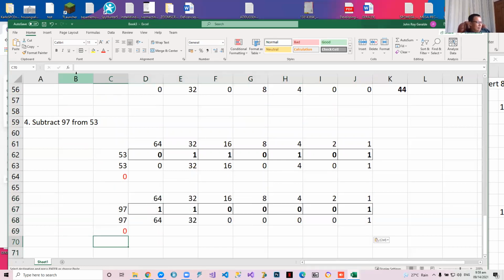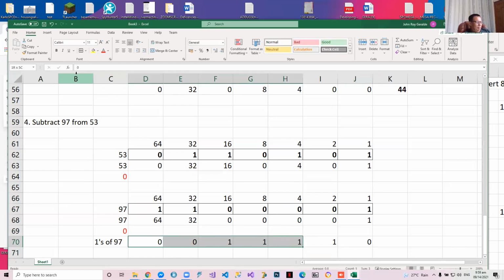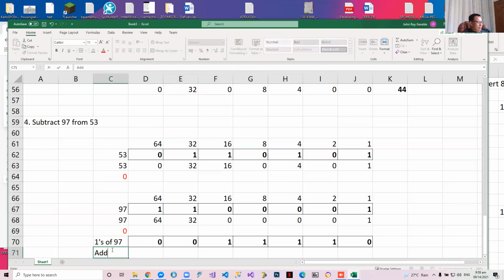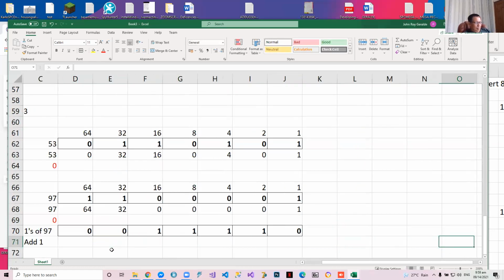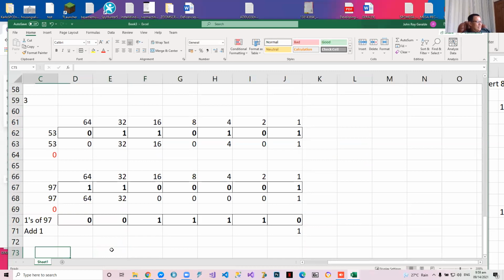What's one's complement of 97? This is 0, 0, 1, 1, 1, 1, 0. Okay. Bold this. This is part of the answer. And then add 1. Okay. The two's complement of 97.